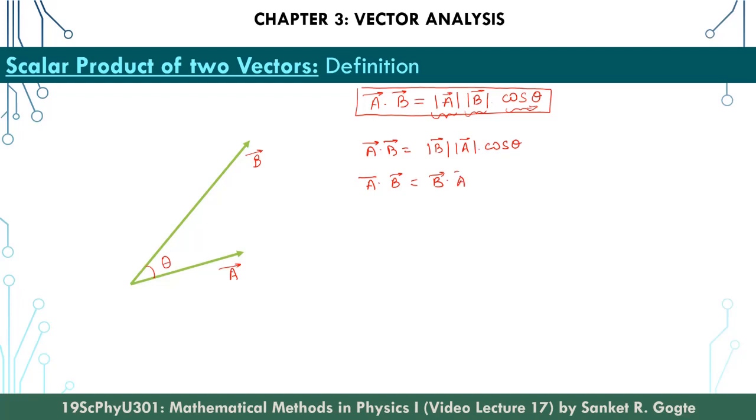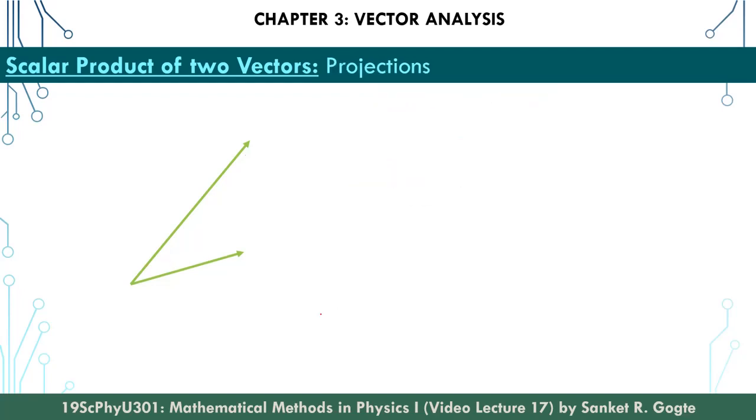and therefore we have A dot B is equal to B dot A. One important application of dot product comes when we want to find out the projections of the two vectors. Suppose this is vector A and this is vector B. This angle is theta.